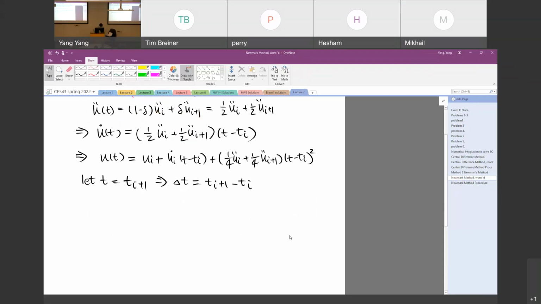Right. So we can express the displacement equal to the following.